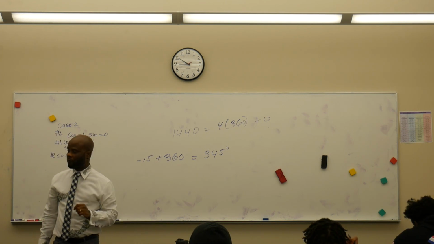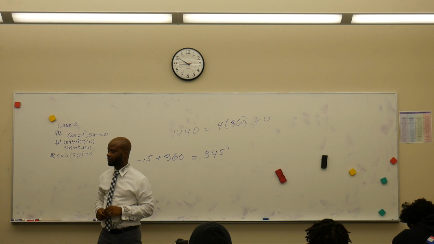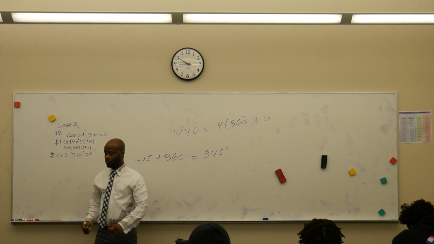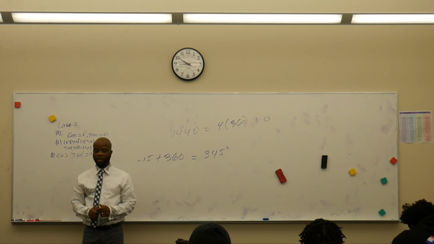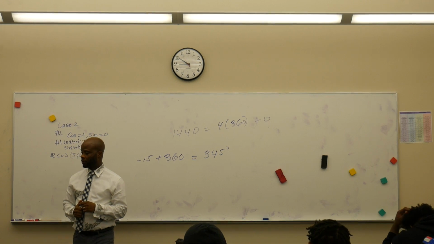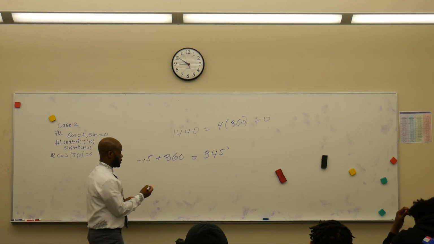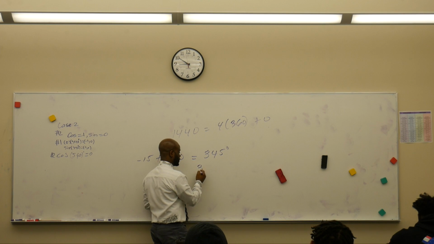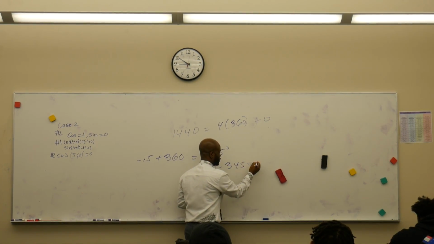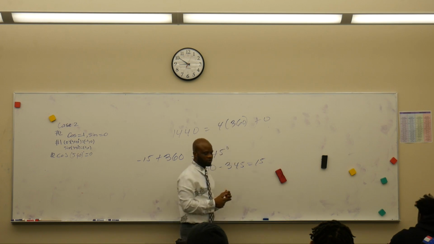What is the reference angle for 345? I didn't say read it from the table. It said find the reference angle. How do you find the reference angle? So it's 360 degrees minus 345, which is 15 degrees.